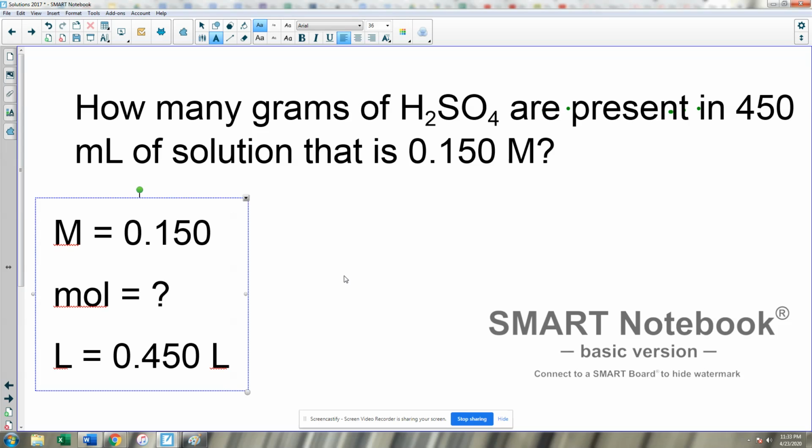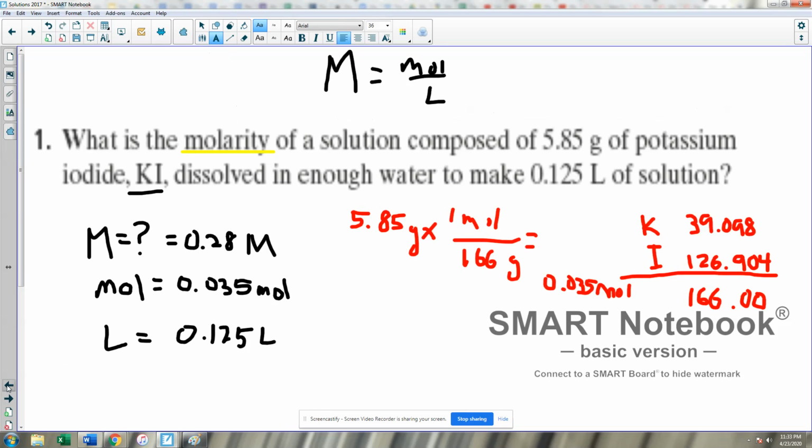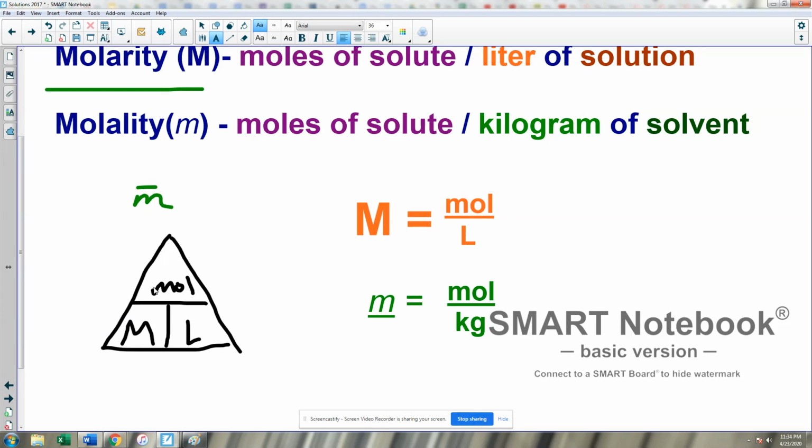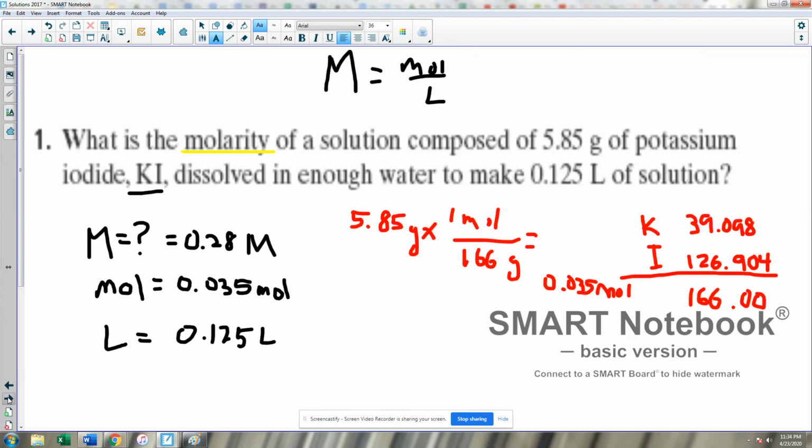Okay. So if knowing the concentration and the number of liters, how do I find a number of moles? Well, let's look at the little triangle here that we just drew. If I don't know the number of moles, that should be molarity times liters, right? If moles were unknown, I would have to multiply both sides times liters, and it would be liters times molarity.